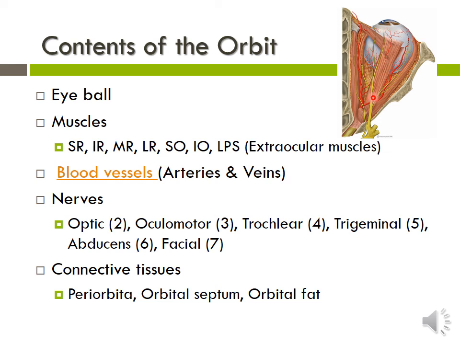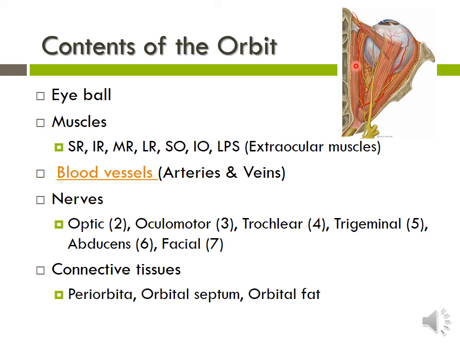You have your superior rectus, your lateral rectus, your medial rectus, and we cannot see the inferior rectus, it is underneath. You have your superior oblique. Now you remember the name of this structure is the trochlea, right?